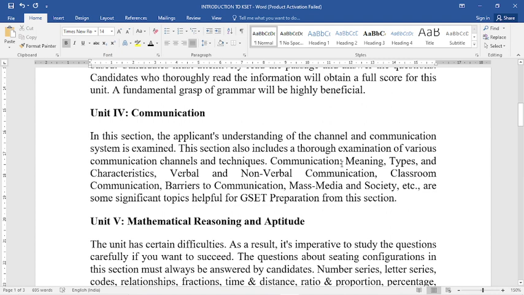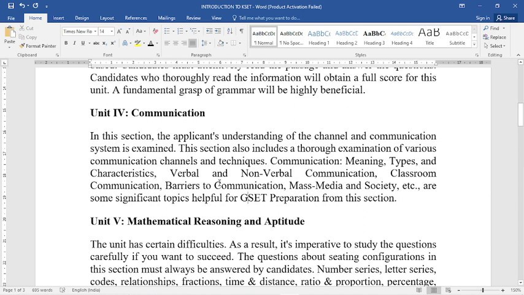Communication includes the meaning of communication, types of communication, and the characteristics of communication. Maybe verbal and non-verbal communication, classroom communication, barriers to communication, mass media and society, etc. These are some significant topics helpful for KSET.